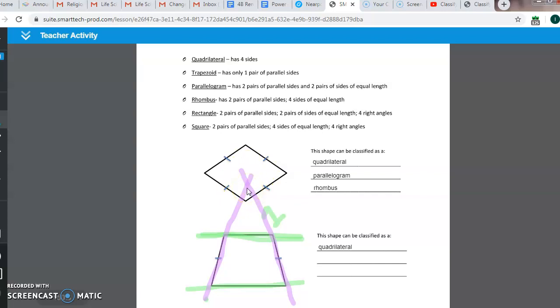That means that these 2 purple lines are not parallel. Therefore, they are not a parallel side, which means this shape has only 1 pair of parallel sides, and that is in fact the definition of a trapezoid. Therefore, this shape can be classified as a trapezoid. Let's go ahead and write that down.